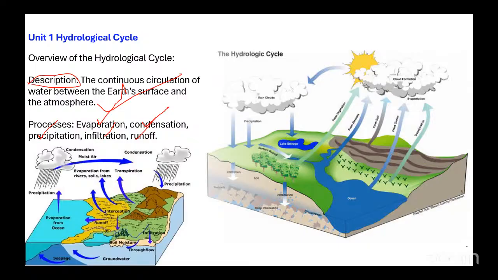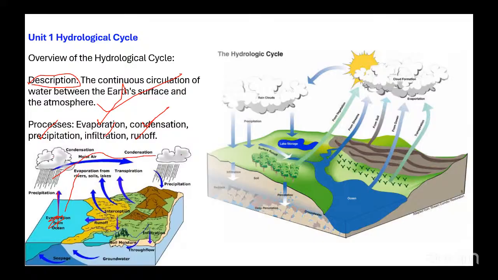Here you can see in this picture. From oceans, evaporation, and from rivers, soils, and lakes also evaporation. Then condensation, the moisture travels from one place to another.